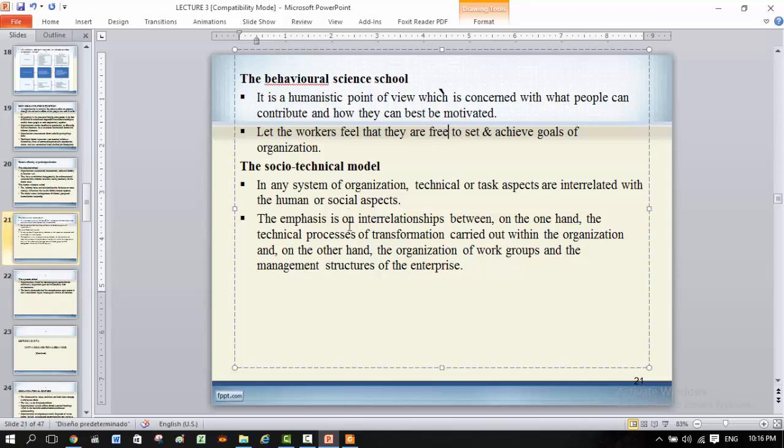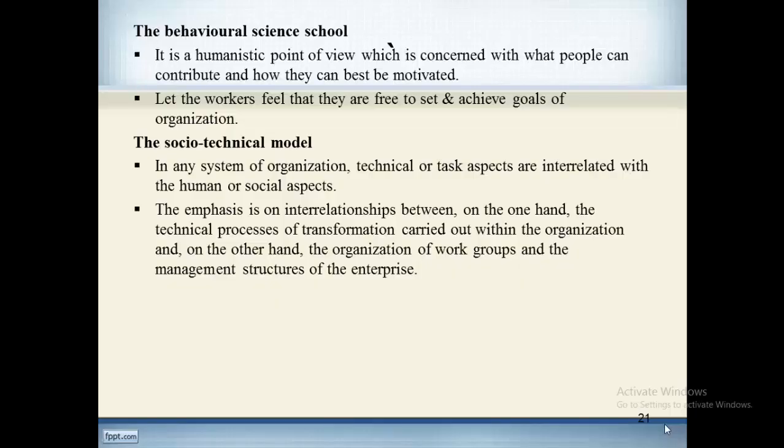The socio-technical model is another school of thought which emphasizes how organizations function well. In any system of organization, technical or task aspects are interrelated with the human and social aspects. The emphasis is on the interrelationship between, on one hand, the organization of work groups and the management structure of the enterprise, and on the other hand, the technical process of transformation carried out within the organization.